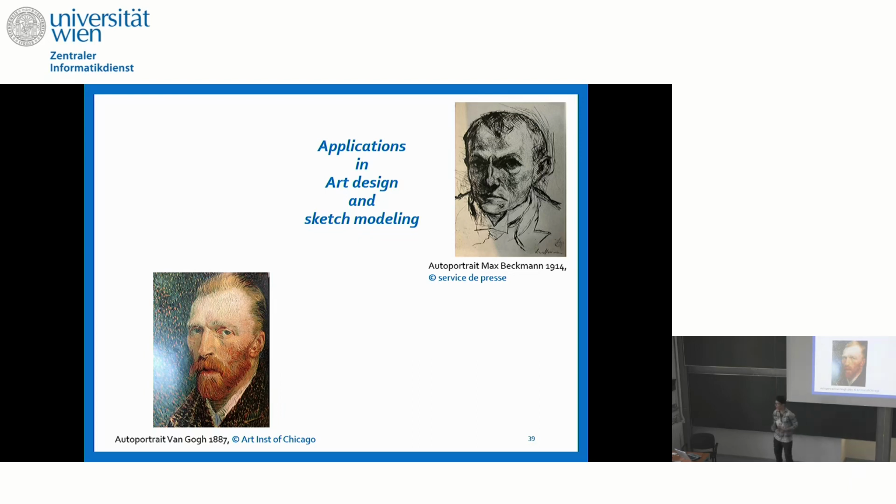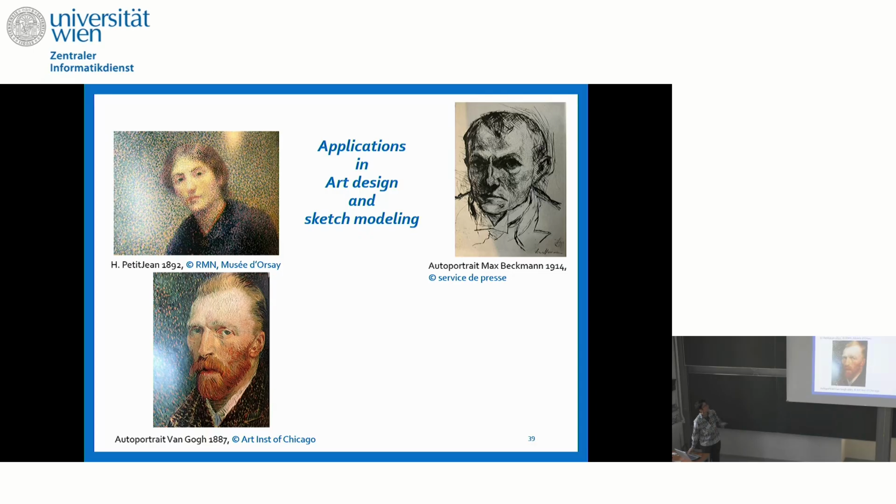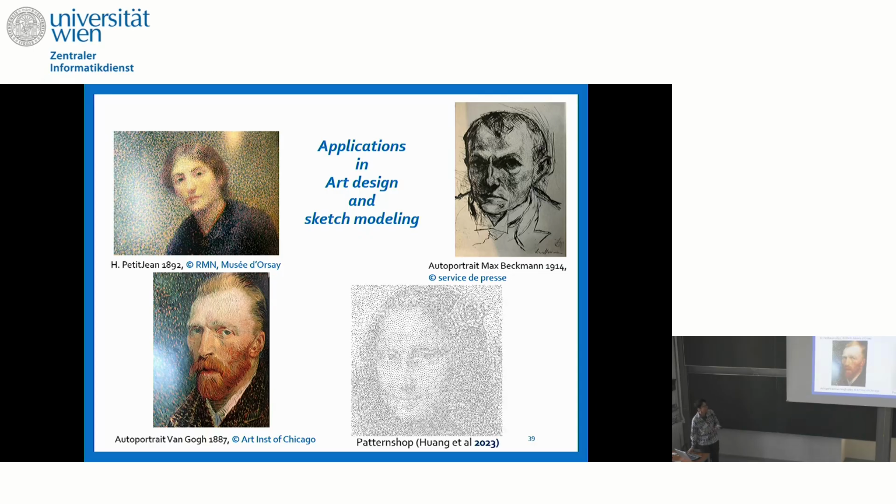So you see that we can talk about these applications in many areas, at least in the pointillism style. I can say a few words about what we can do for art editing. That is the very last part of my introductory lecture today.